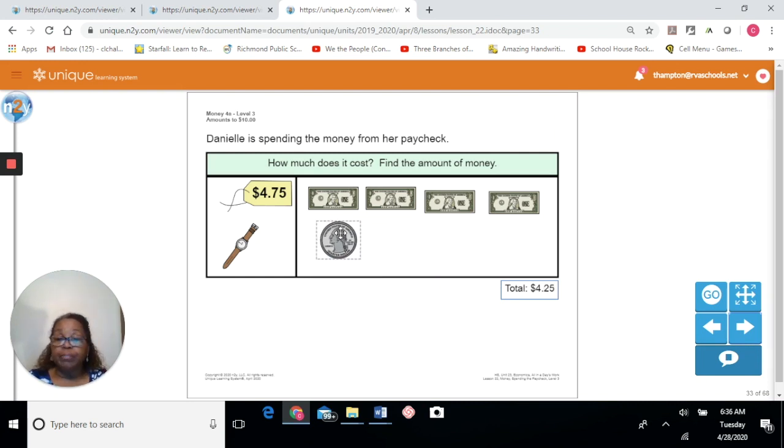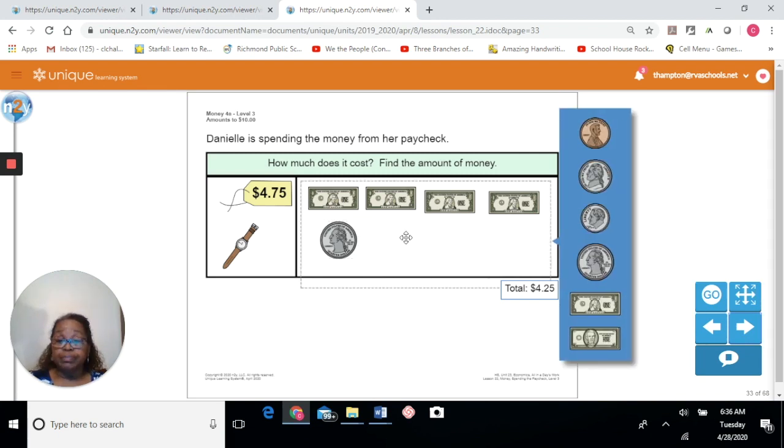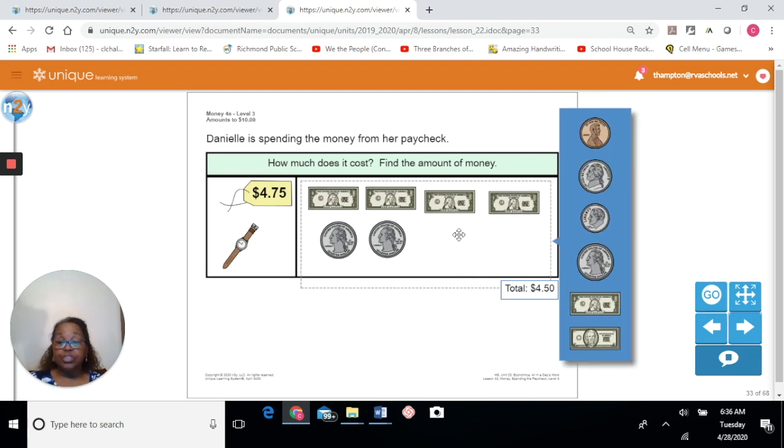What are we going to do now? We have 25 cents. Continue. Which value are we going to use for 75 cents? 25, another quarter. Okay. Let's count. 25, 50. You just keep counting by the highest value, which is your quarter.